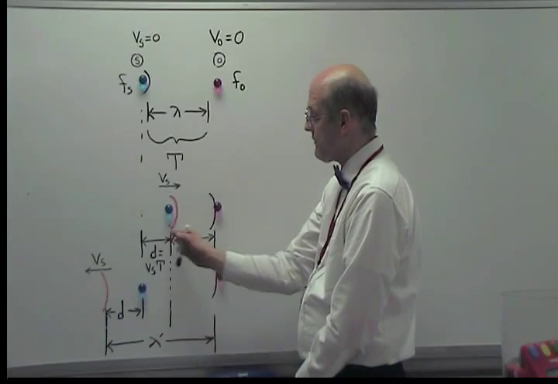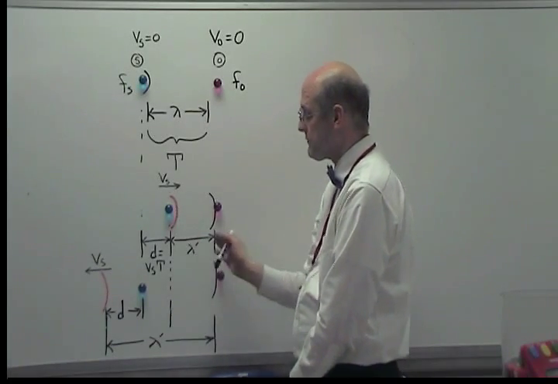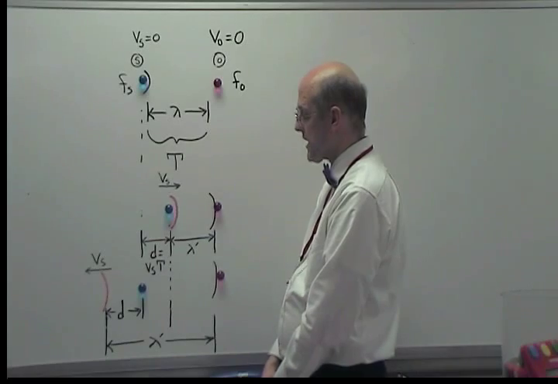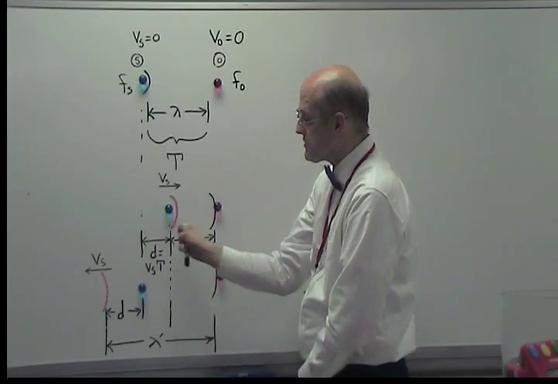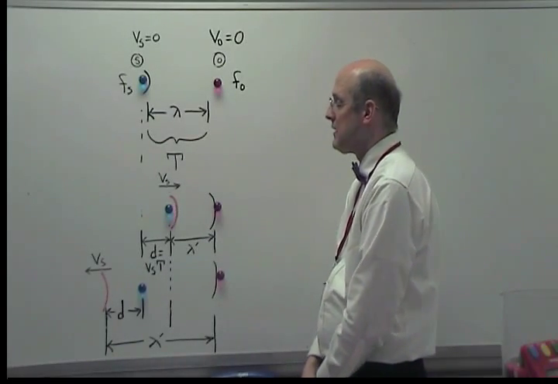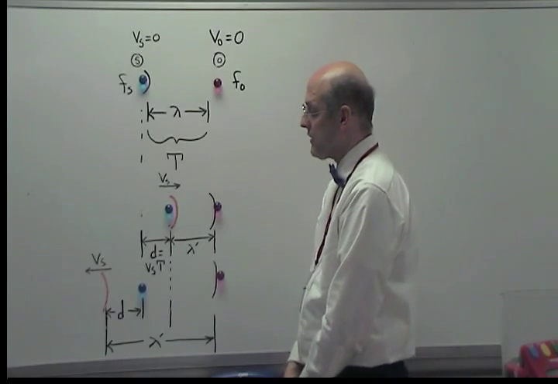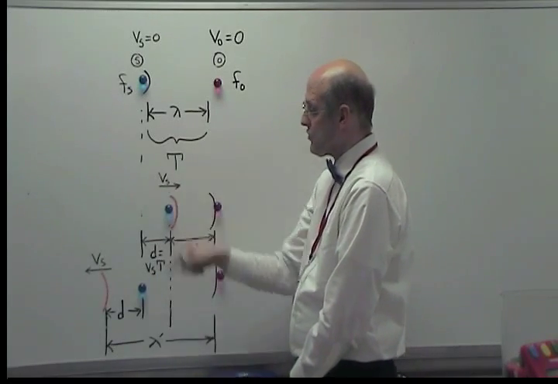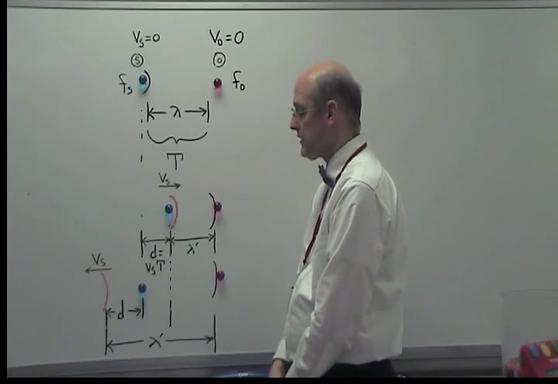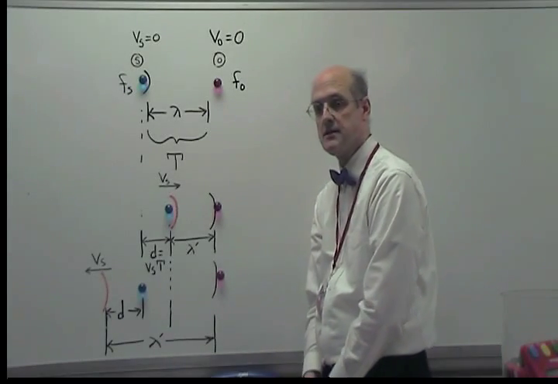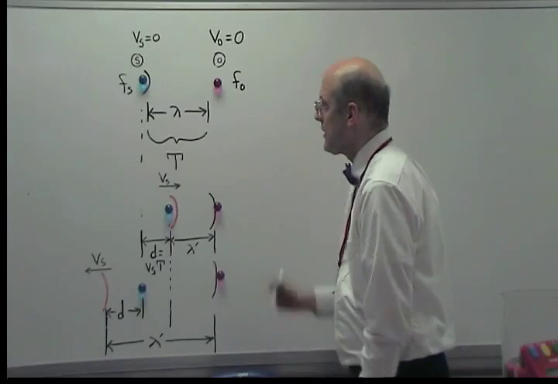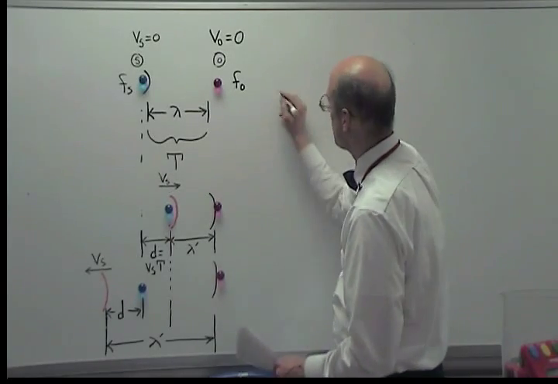So you notice that we have a new wavelength, lambda prime, which we're going to calculate. Now the distance the source travels in the time equal to the period of the sound wave is given by the speed of the source multiplied by the period. That's just from the equation speed is distance over time. So let's write an expression for the new wavelength.